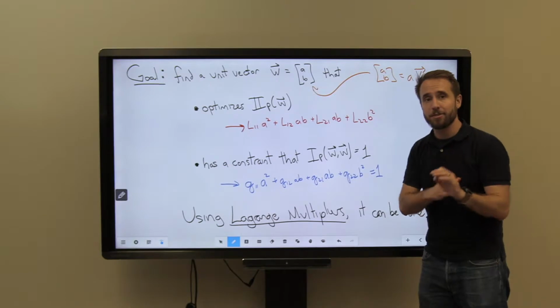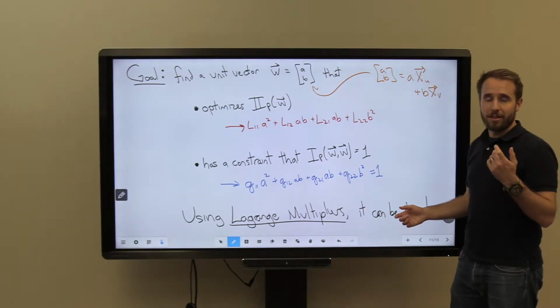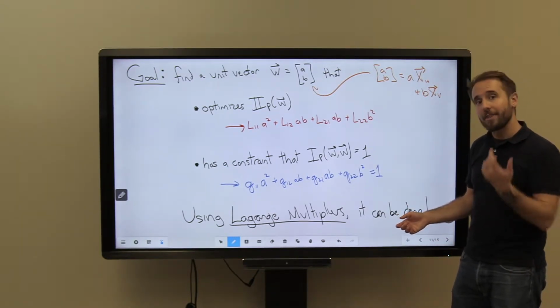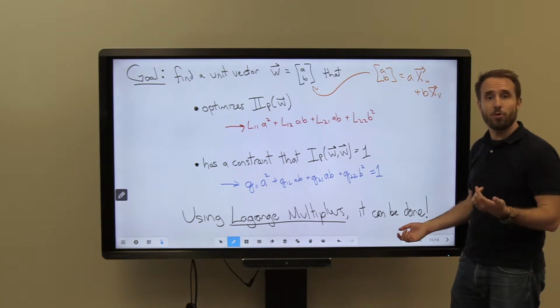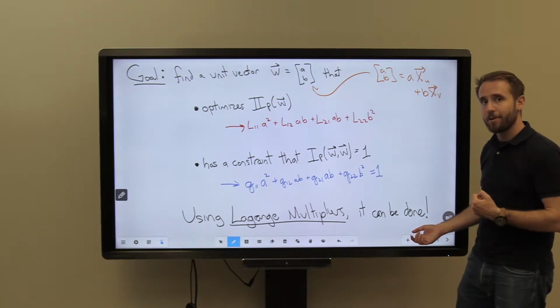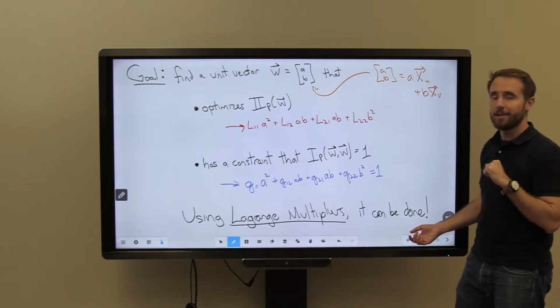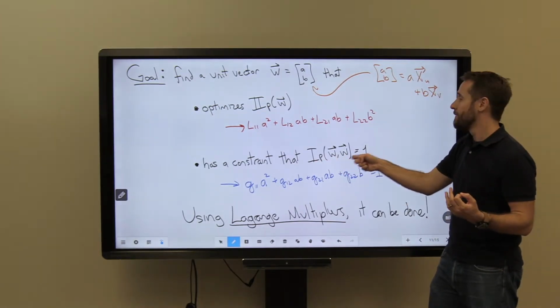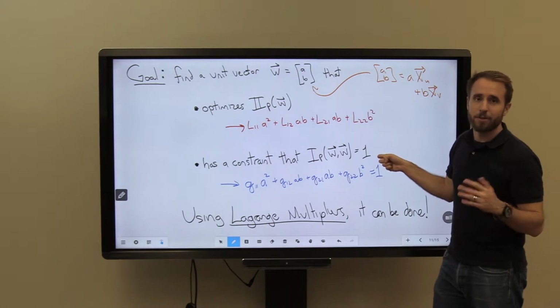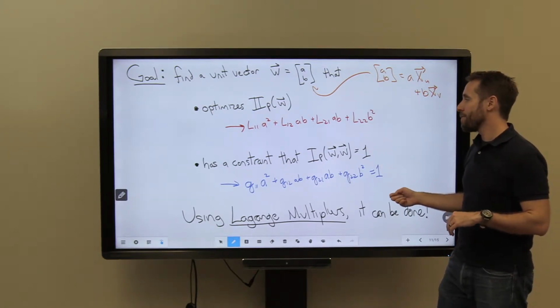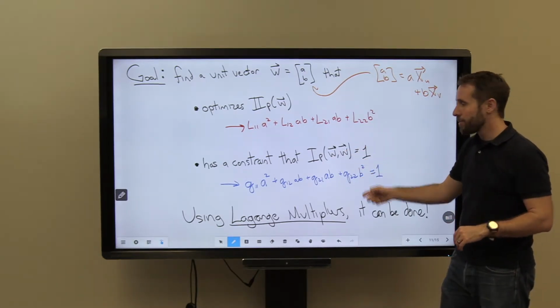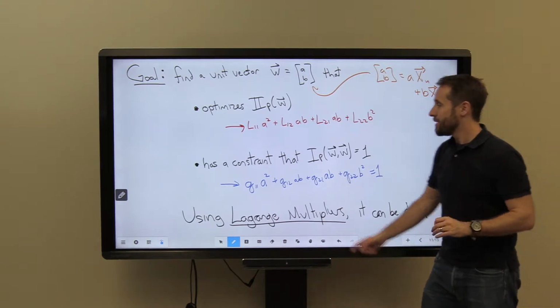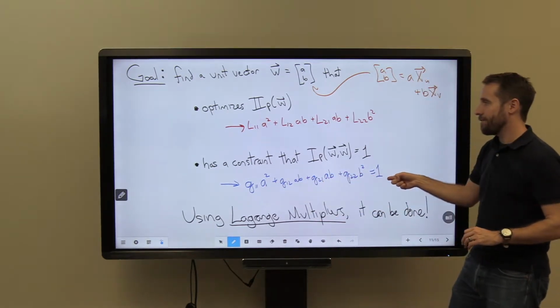In other words, vectors w for which the length is equal to 1. And the length, right, is the square root of the first fundamental form. So we're really trying to find vectors subject to a constraint that our first fundamental form is equal to 1 when we plug in w with w. And that simplifies down to this blue equation down here, right?